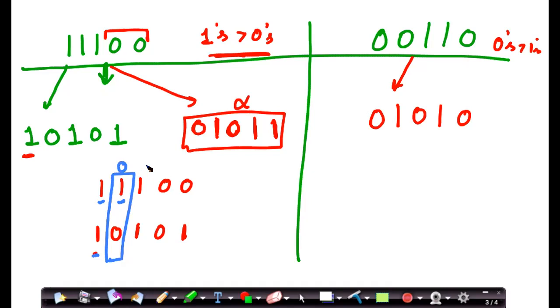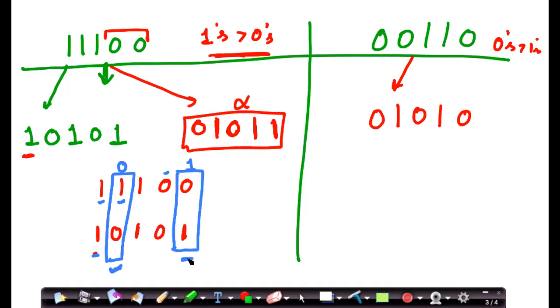Also, if we have found one incorrect position, this means there should definitely be another incorrect position present in our string. So we are going to find that other incorrect position. This 0 is at the correct position, but this 0 is at an incorrect position. We want 1 to be present over here in the final string.